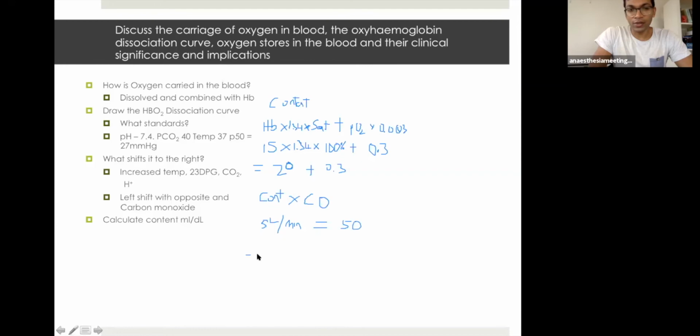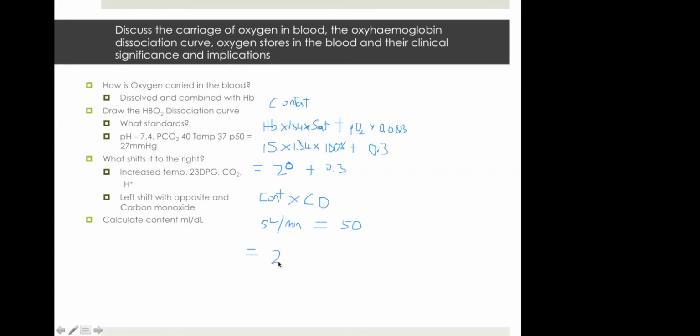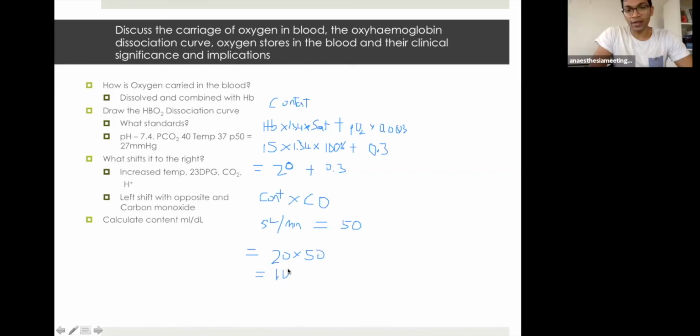So then for your oxygen flux equation, what numbers am I multiplying here for the oxygen? So it's 20.4 times 50 gives us 1020 mils of oxygen per minute. Great. I don't care about the small digits. It's roughly 1,000. And that's where you get your normal oxygen delivery of 1,000 mils per minute.